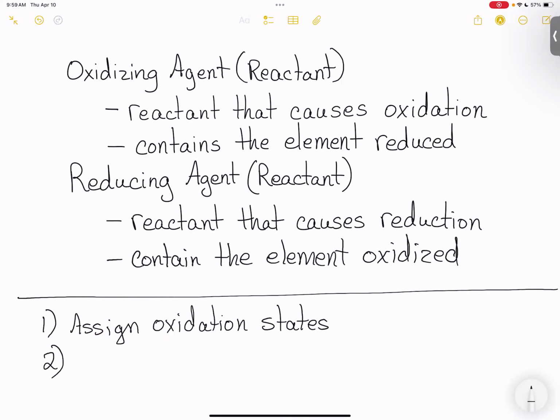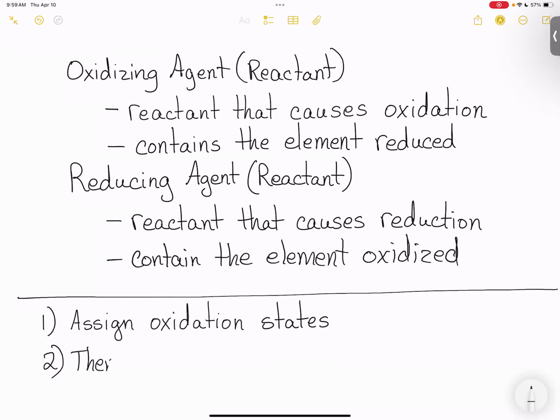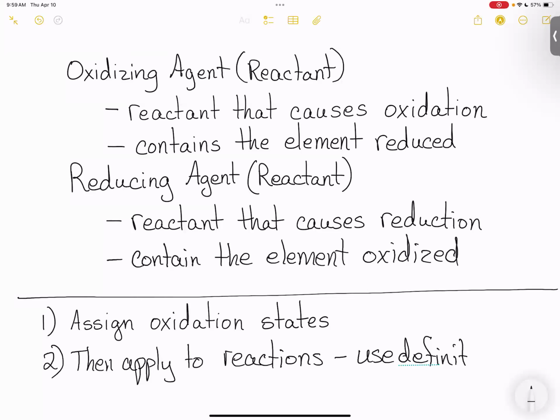The second thing we're going to do is apply that to reactions where we use the definitions to answer questions.